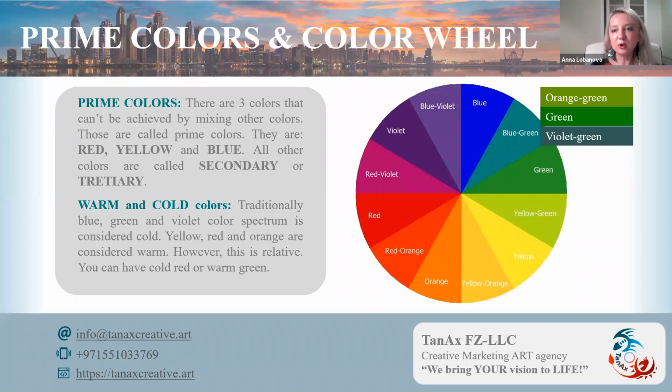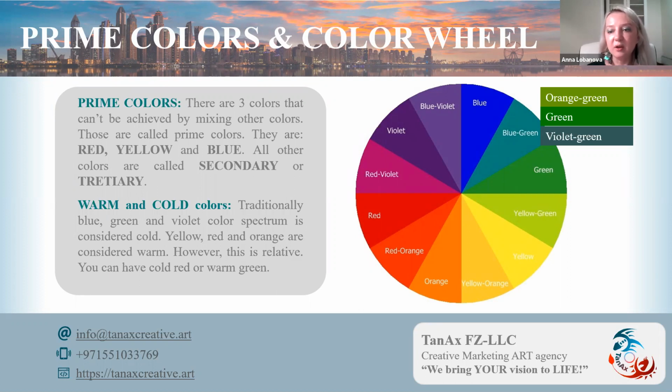So let's talk about prime colors and the color wheel. So in color theory, we know that there are 3 colors that cannot be mixed. These are yellow, red, and blue. These colors, they are called prime colors. Everything else is called secondary or tertiary.